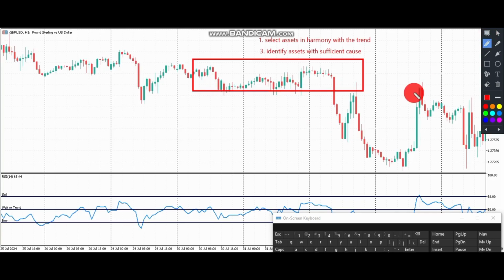Then the fourth one is assess readiness for a move.